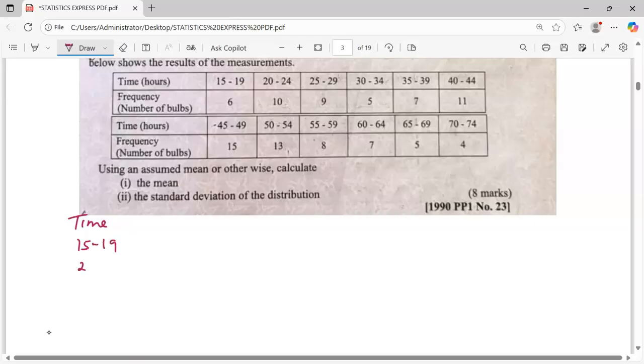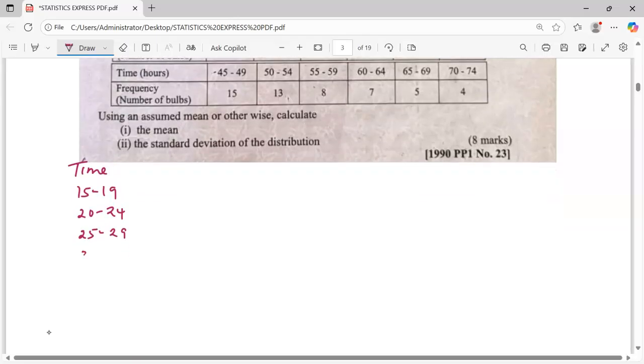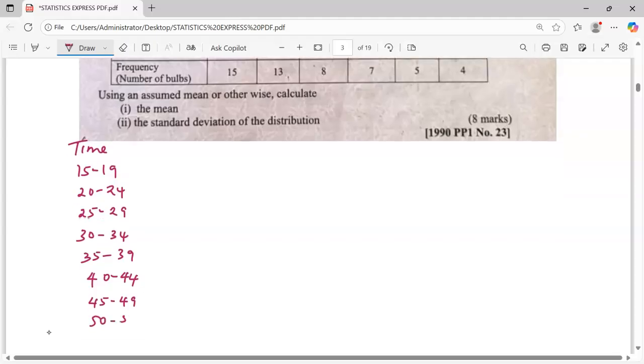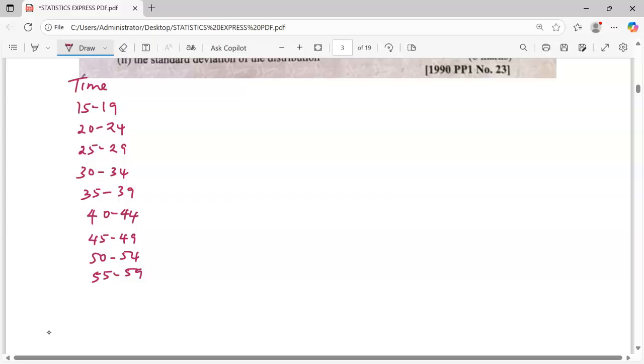We have 20 to 24, 25 to 29, 30 to 34, 35 to 39, 40 to 44, 45 to 49, 50 to 54, 55 to 59, 60 to 64, 65 to 69, and lastly, 70 to 74.